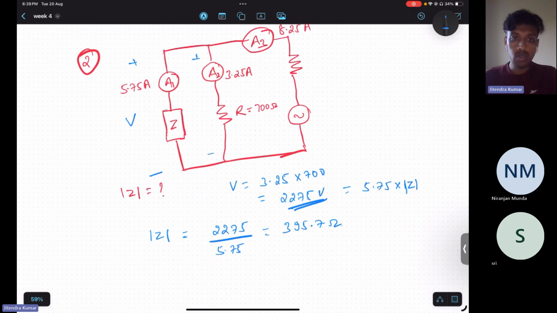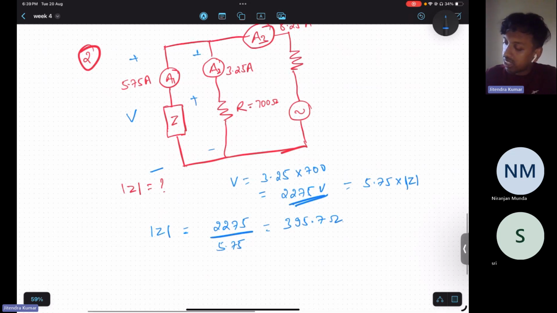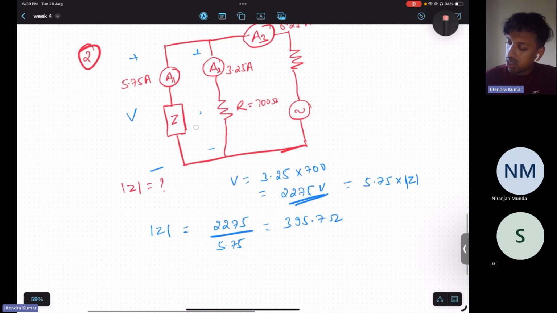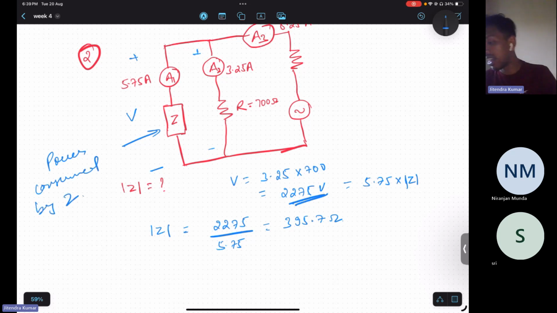So we calculated the magnitude of Z. Now the second part of this problem is how much power is consumed by impedance Z. We need to find out the power consumed by Z. I square R, exactly, I square R. But do we know the value of R?